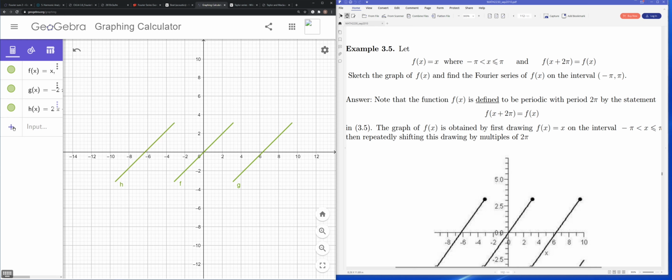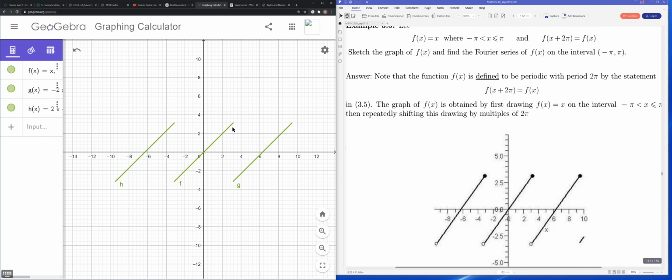So the basic idea for graphing these is, first you graph on your base period or starting period between minus pi and pi, and then you repeat to the right and to the left. And you want to make sure that you put in your open dots and closed dots appropriately. Okay, so that would be how you would graph this.